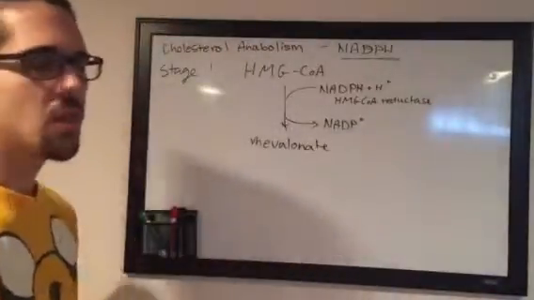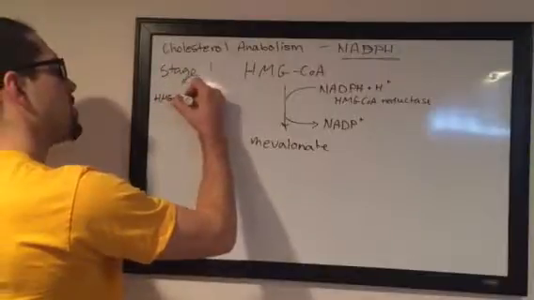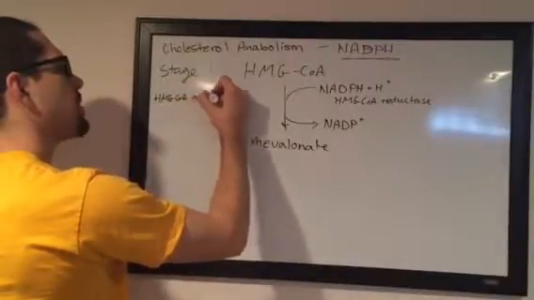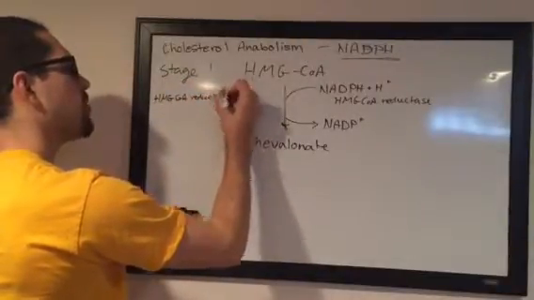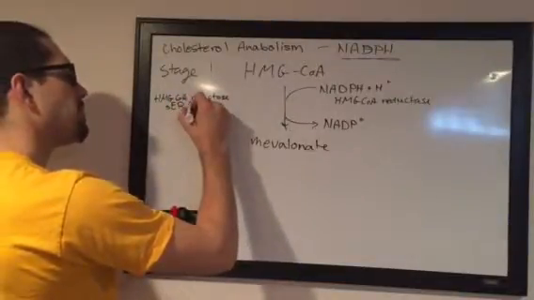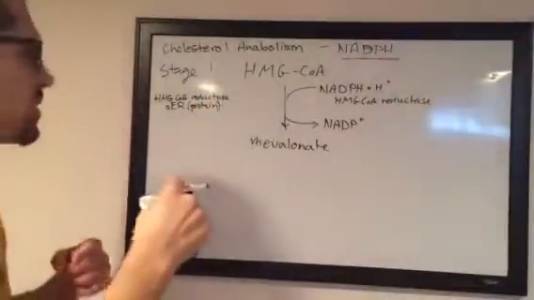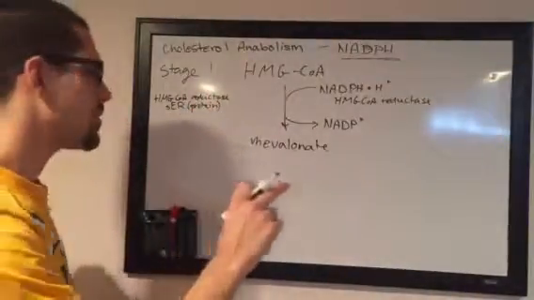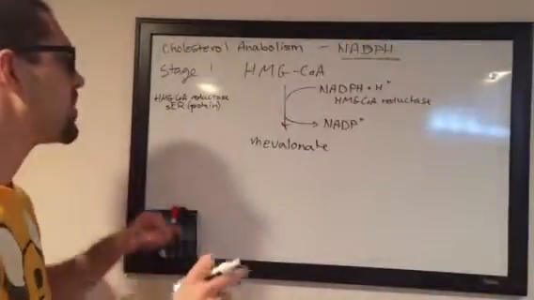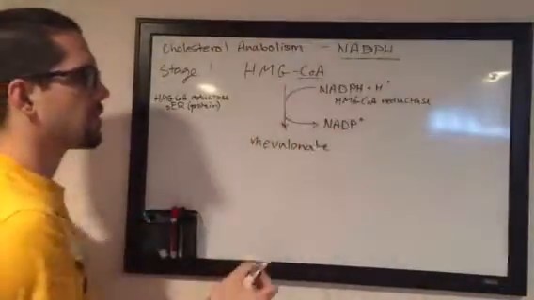HMG CoA reductase is found as an integral membrane protein on the smooth endoplasmic reticulum. So it crosses the entirety of the smooth endoplasmic reticulum membrane, and that is where it would be found. Again, we have a coenzyme A up there.